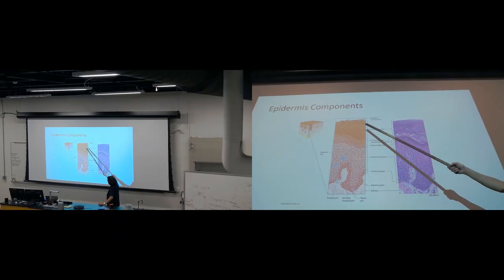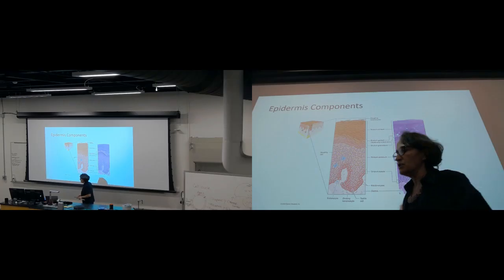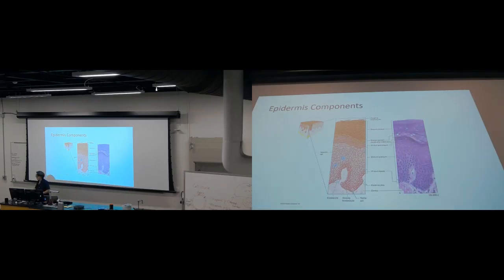Now, the last layer is going to be the stratum corneum. So in this case, this is dead keratinocytes, so it's only keratin. So, stratum basale, stratum spinosum, stratum granulosum, stratum lucidum, and stratum corneum.